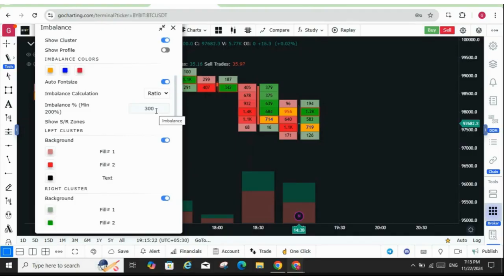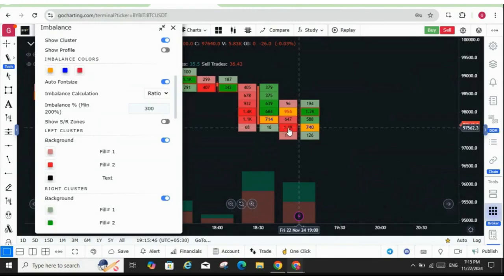What does this mean? This means that if the buy side numbers are more than 3 times the sell side numbers, we get the buy side imbalance. And if the sell side numbers are more than 3 times the buy side numbers, then we get the sell side imbalance. Here you see this is 738 and this is 171.